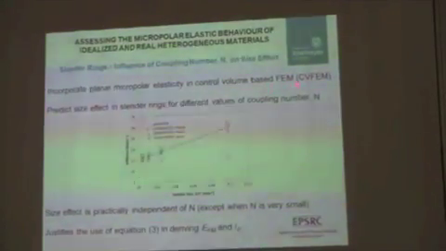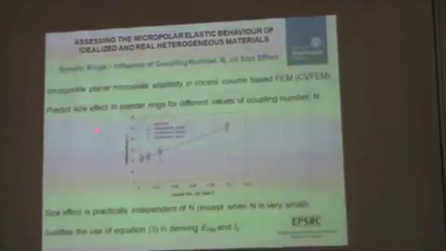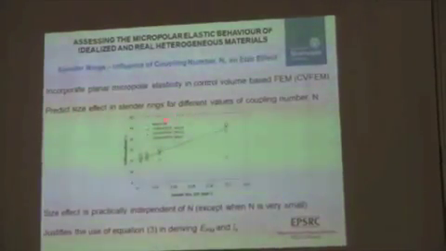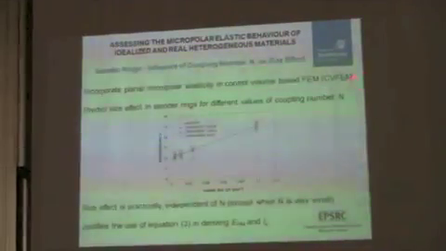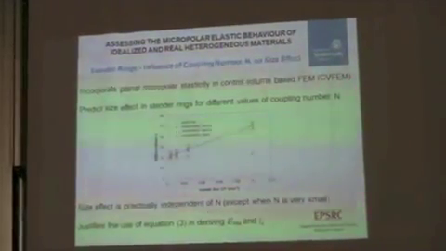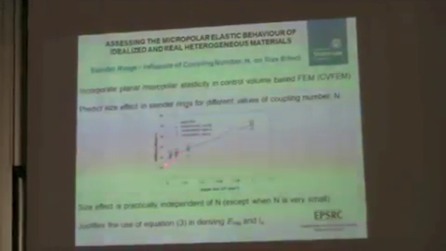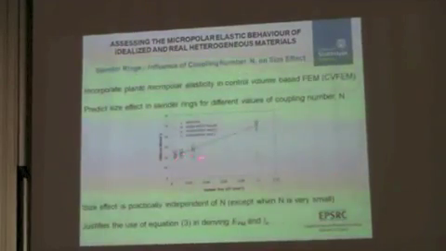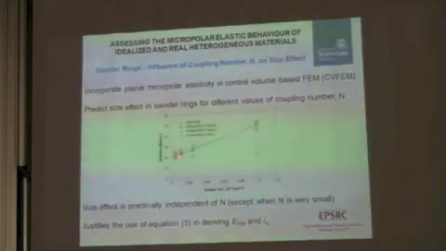With that formulation, we can predict the size effect in the slender ring samples over the possible range of coupling number. And we find that if we set the coupling number to 0, you get no size effect, so you get classical behaviour.